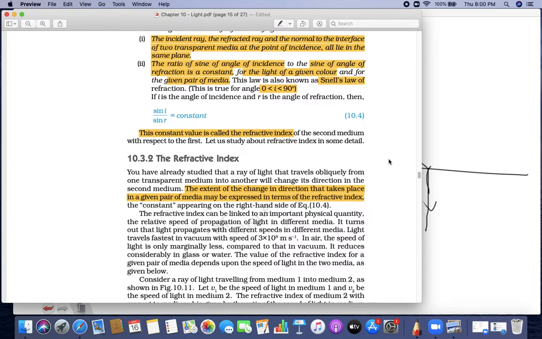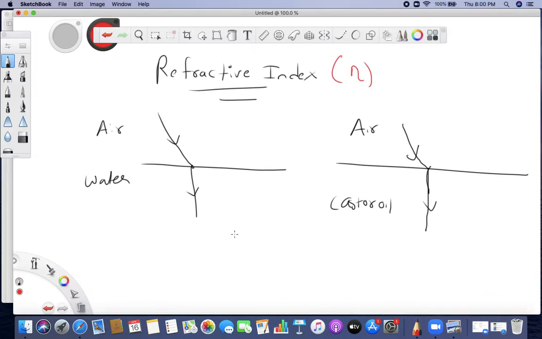So it gives you an idea, in simple words, of how much light is bending. If the density is more, the refractive index will be higher. If the density is less, the refractive index is lesser. That is how you measure the refractive index.